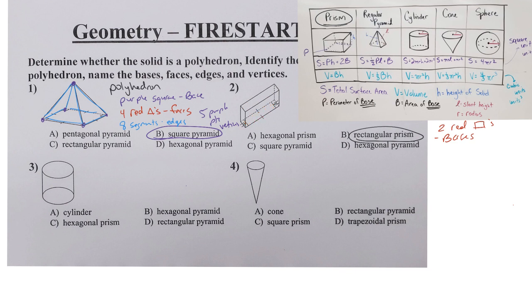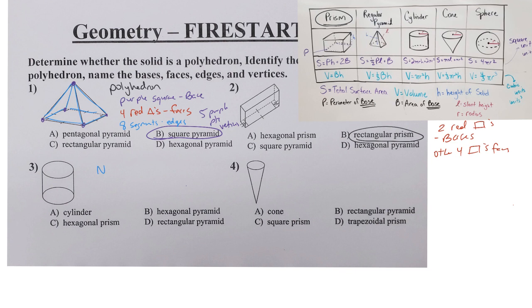So the other four rectangles, those are going to be the faces. Remember, there's nothing rounded there, so it's obviously a polyhedron, right? And then all the edges are the segments, and then it has 1, 2, 3, 4, 5, 6, 7, 8 vertices. All right, that's where the segments meet.